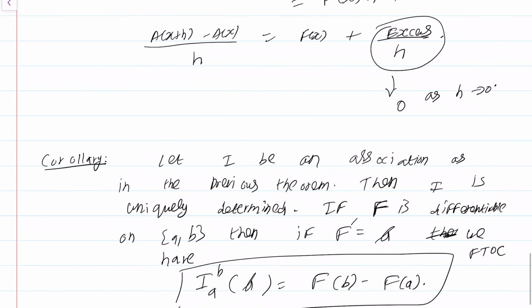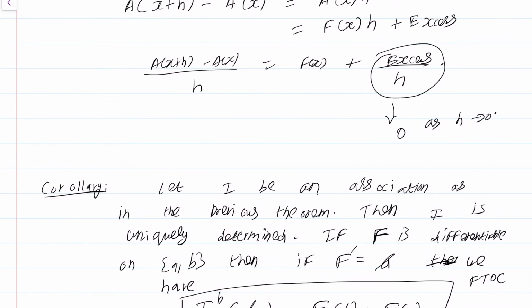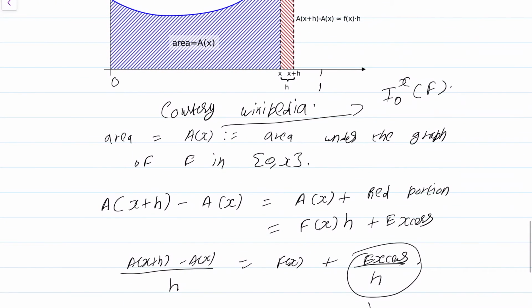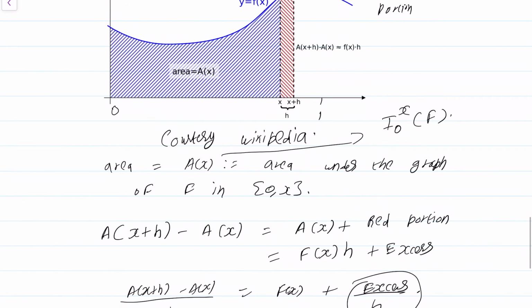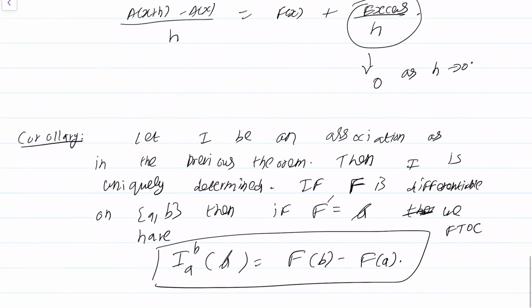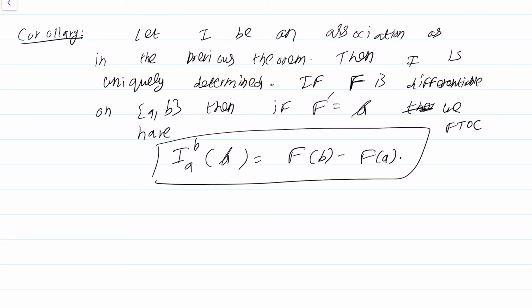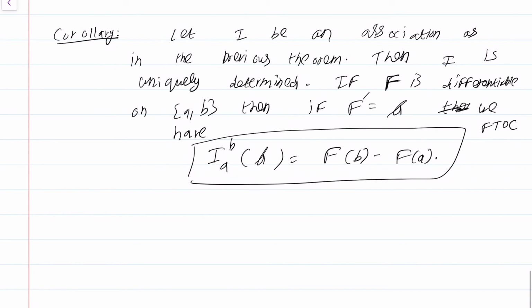And if you think about it, with this geometrical interpretation that we just saw, it will force this function I_a^b(f) to be the area under the graph of the function.